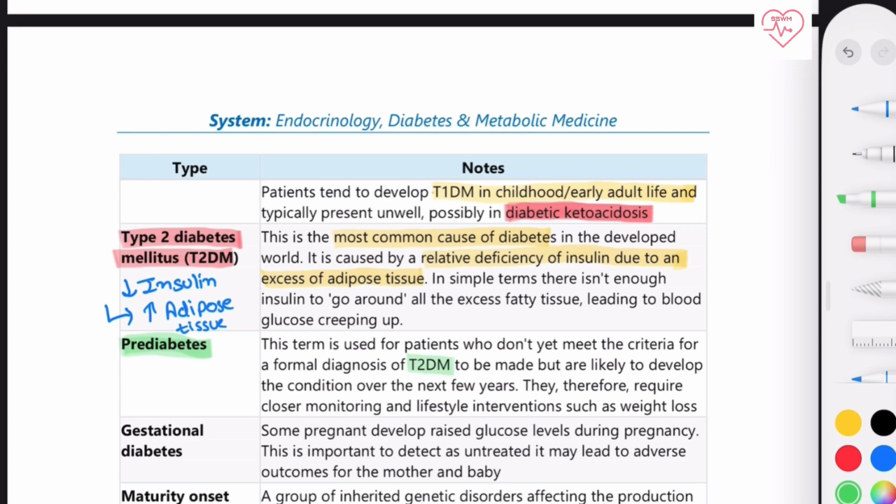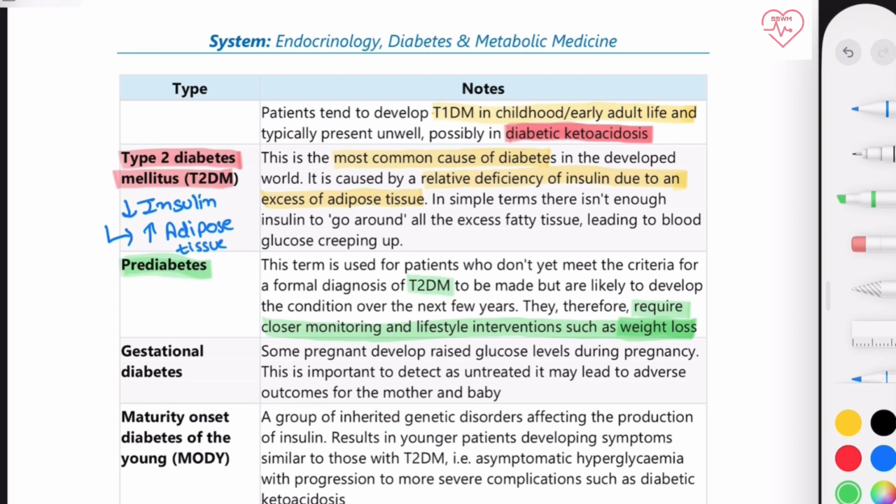So they require closer monitoring and lifestyle interventions such as weight loss. They have to modify their lifestyle ASAP. That can reduce their chances of getting type 2 diabetes mellitus. Mind my words, type 2 diabetes mellitus, okay.